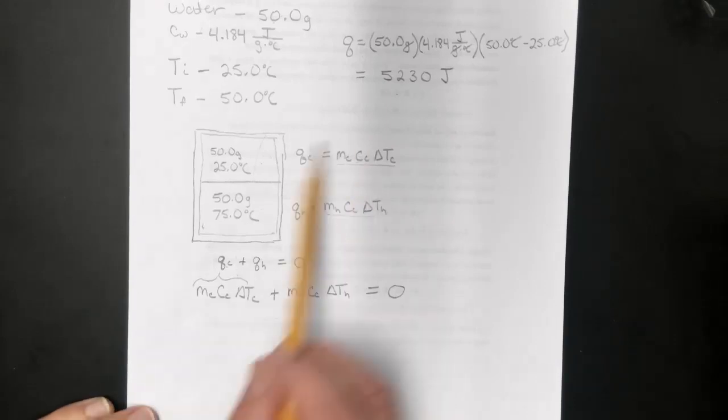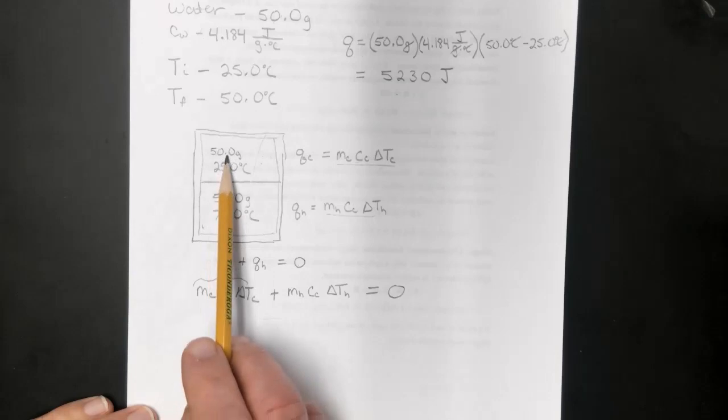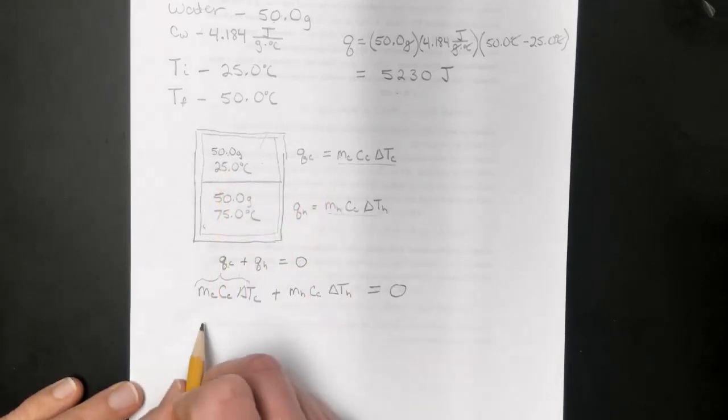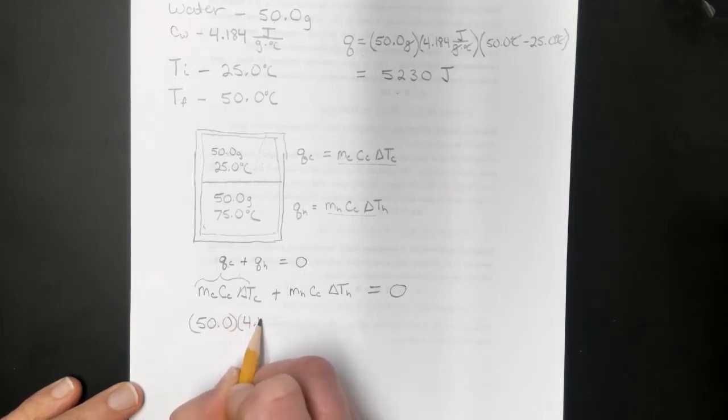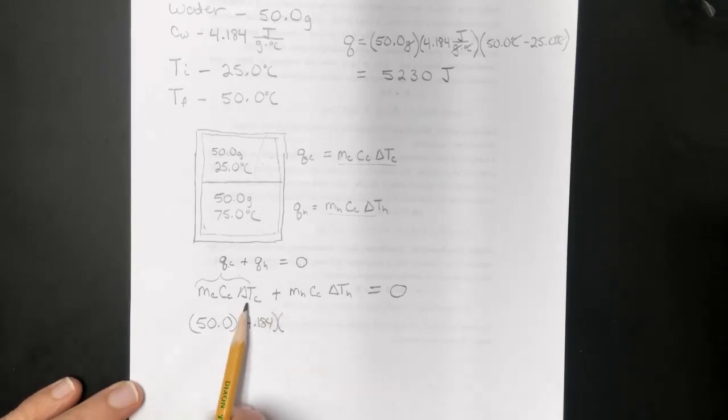So we plug all these values in. So 50 grams of cold water, and I'm just going to drop units for now. Right, delta T for the cold water.